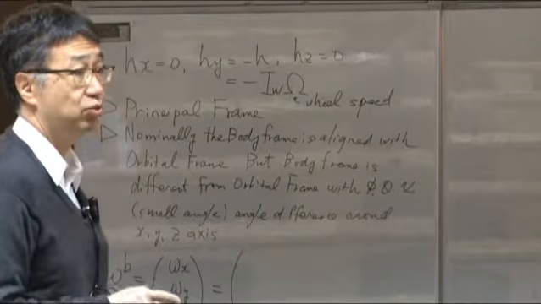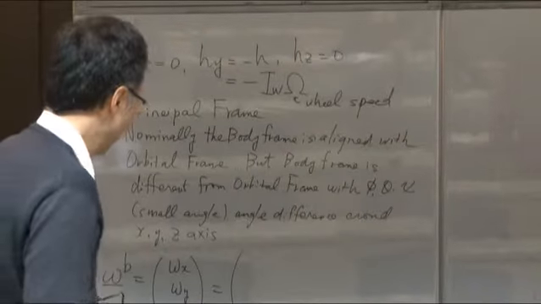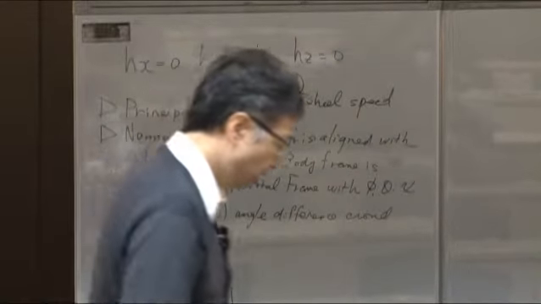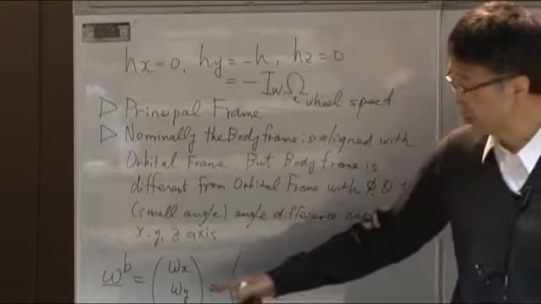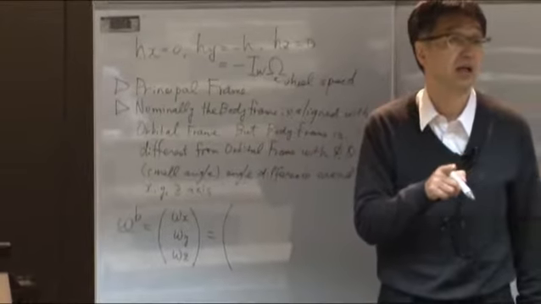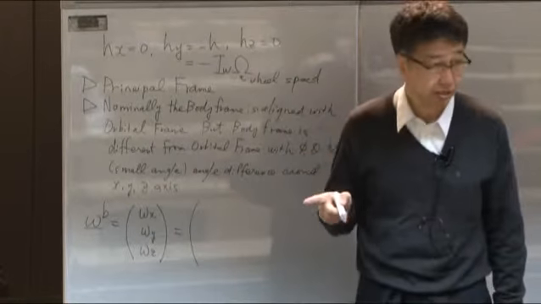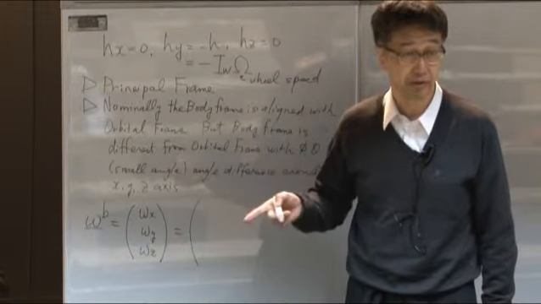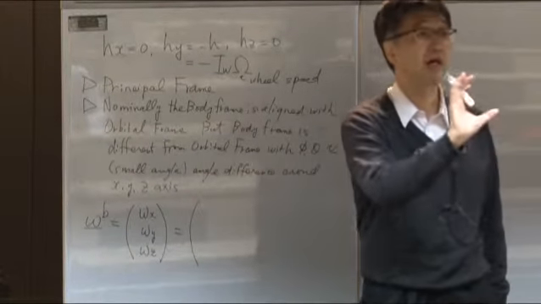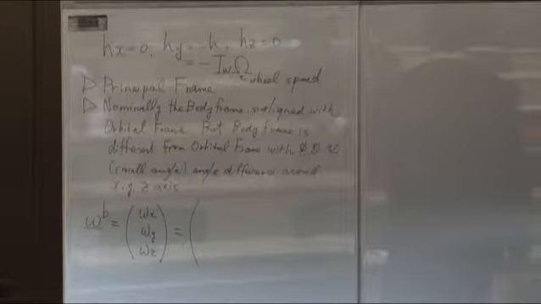It is the same as we did in the gravity gradient stabilization. Omega is the summation of the rotational speed of the orbital frame plus body rotation with respect to the orbital frame. That is, the orbital frame rotation with respect to the inertial frame plus the body rotation with respect to the orbital frame.